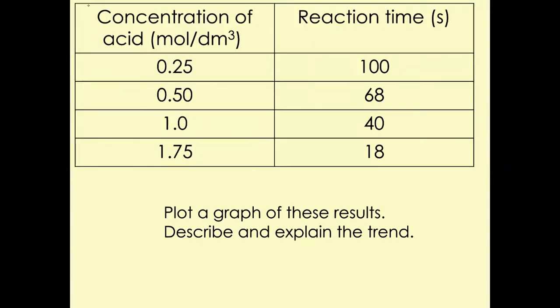So here's some example results that we might have had. We've changed the concentration of the acid. Here the concentration of the acid has increased, and as we've done that, the reaction time has gone down.